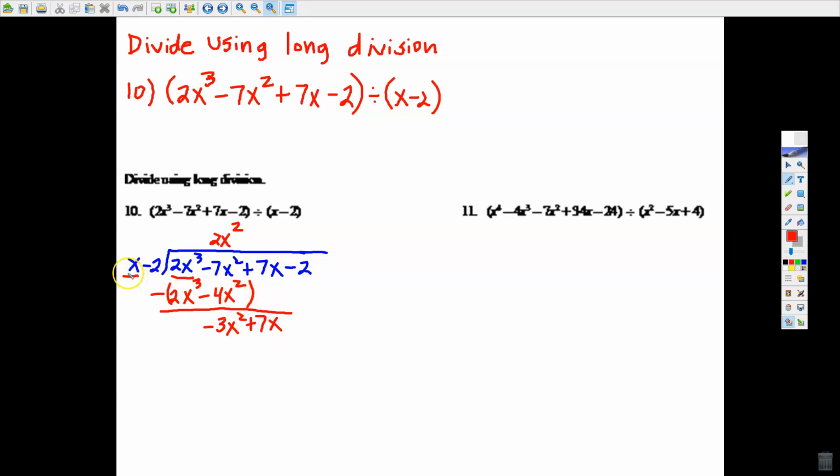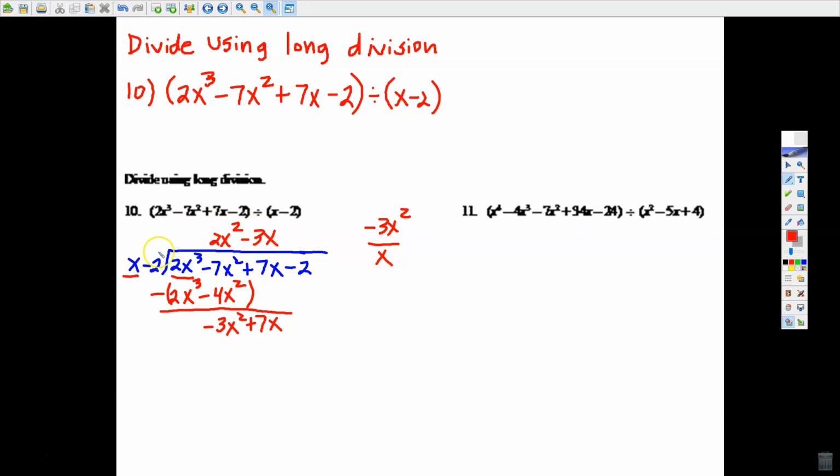This time we're dividing x into negative 3x squared. Okay, it's just the first term divided by the first term. So off to the side you could do this. Negative 3x squared divided by x. And if you simplify that, you get negative 3x.